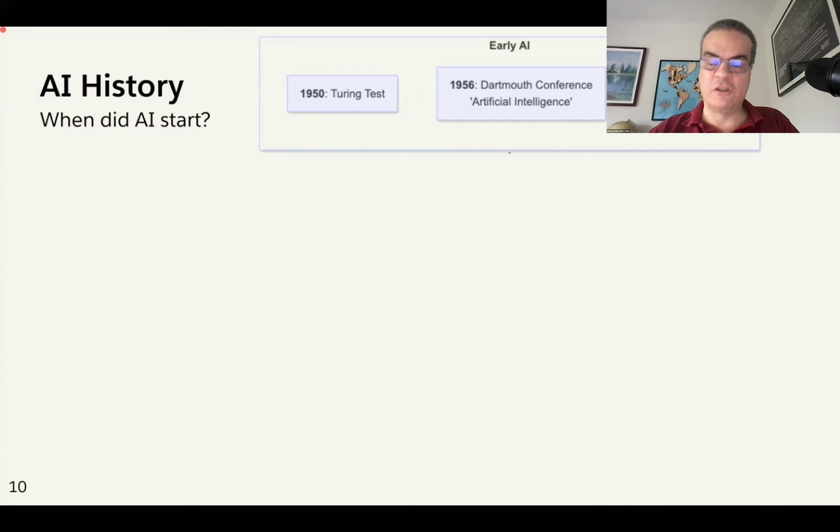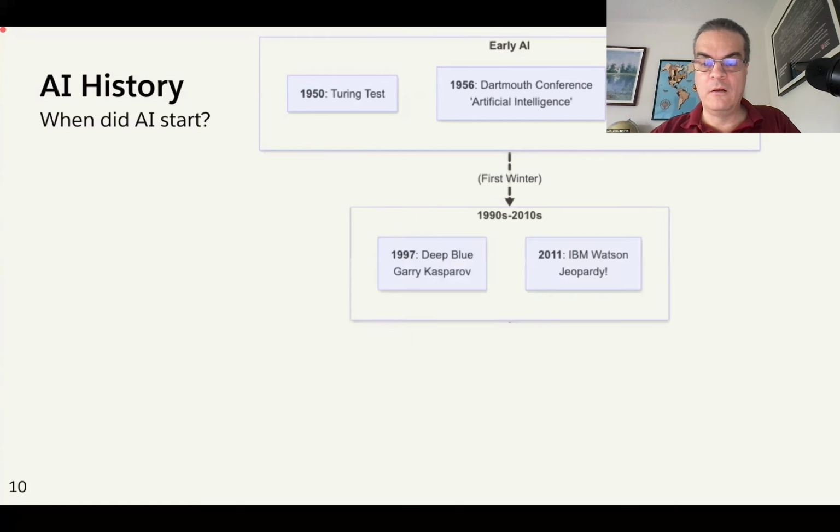Then in '56, at some conference, they came up with the artificial intelligence term. Then things went down for a little bit, and then in the 1990s, IBM created two very interesting computers, Deep Blue, which won at chess against Garry Kasparov, and then IBM Watson, which won on Jeopardy.